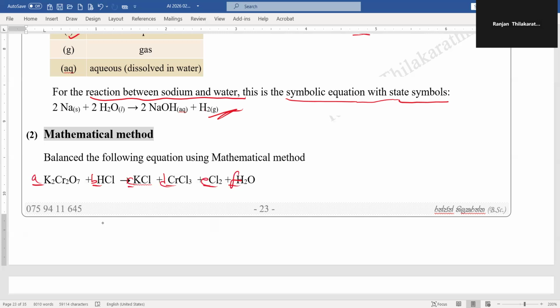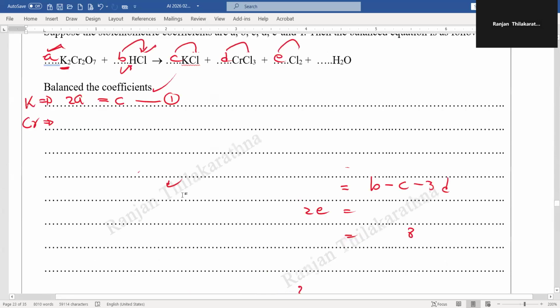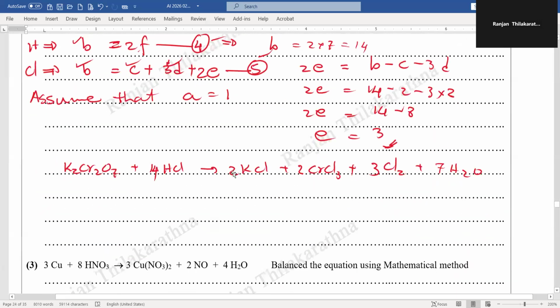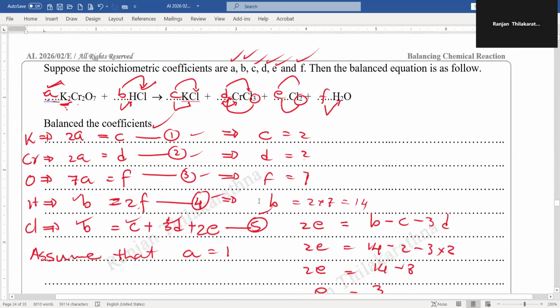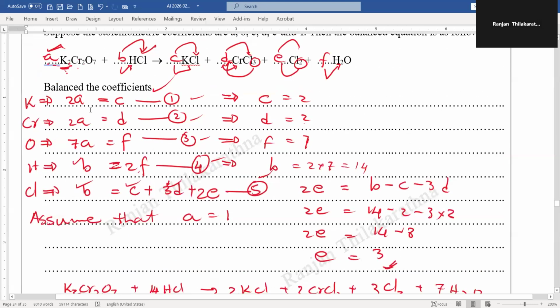If I consider potassium, I have A and 2, that means 2A number of potassium. On the right hand side, you have only C number of atoms. So 2A must equal C, means C is 2. So that's how you balance it. Then you can get these numbers.